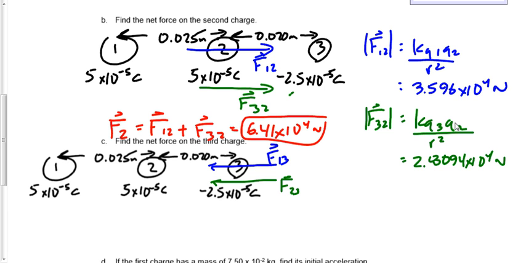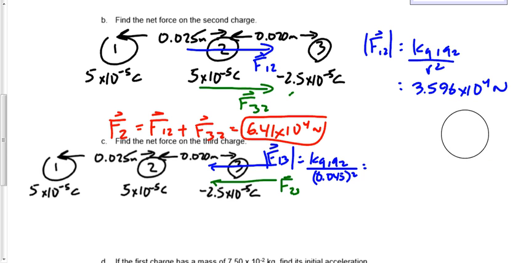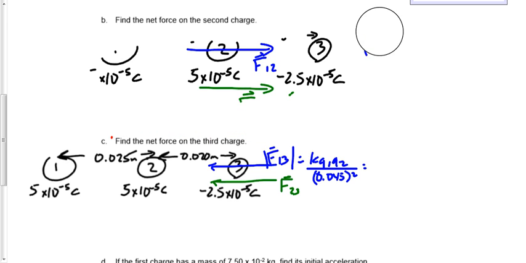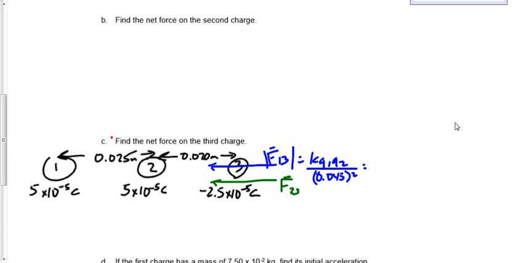Now, if you calculate F13, it's kQ1Q2 over r squared. r is 0.045. How come? Yeah, you've got to add those distances, right? The distance between 1 and 3 isn't either one of those distances that's given to us. It's the total of those two distances.